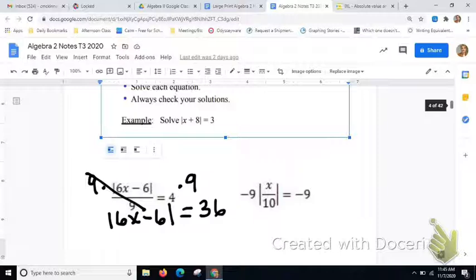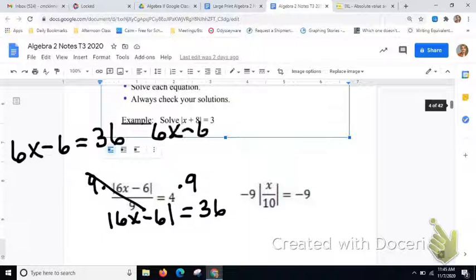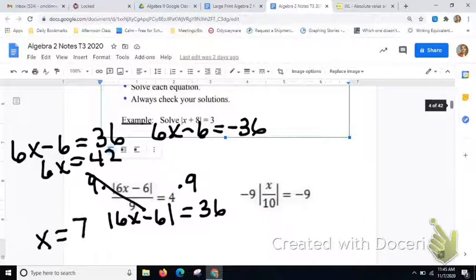And then that becomes two equations. One of them just stays the same without the bars, and then the other one, I make that a negative 36. So the one with positive 36, one with negative 36. I add 6 over here, I get 42. And then divide by 6, and x is 7.